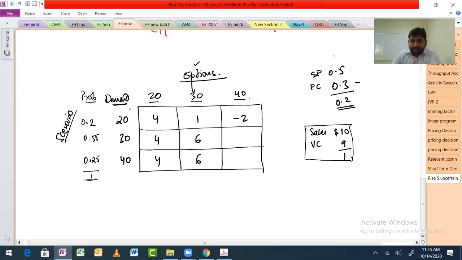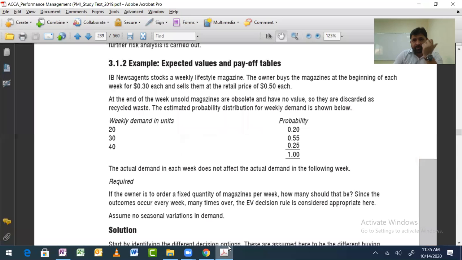Buying 40 and selling 30: on 30 you will make $6 profit, and the 10 extra you have purchased, you will make a loss of $3, so you will be left with 3 only. And buying 40, selling 40, you'll make $8 profit. Are we fine with this table? Yes. So this was the payoff table.